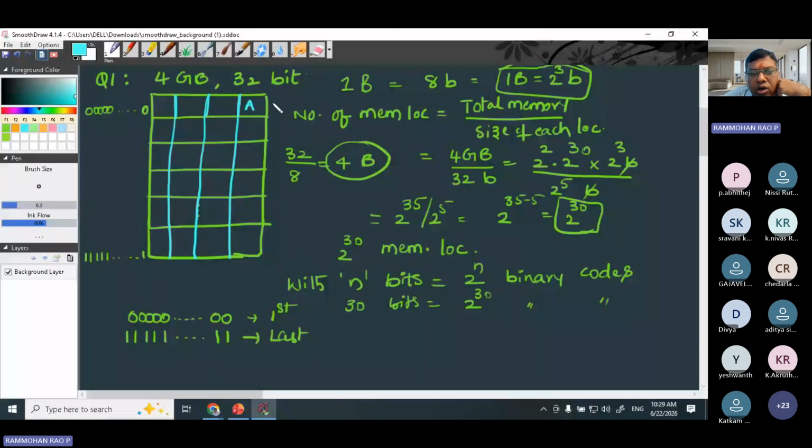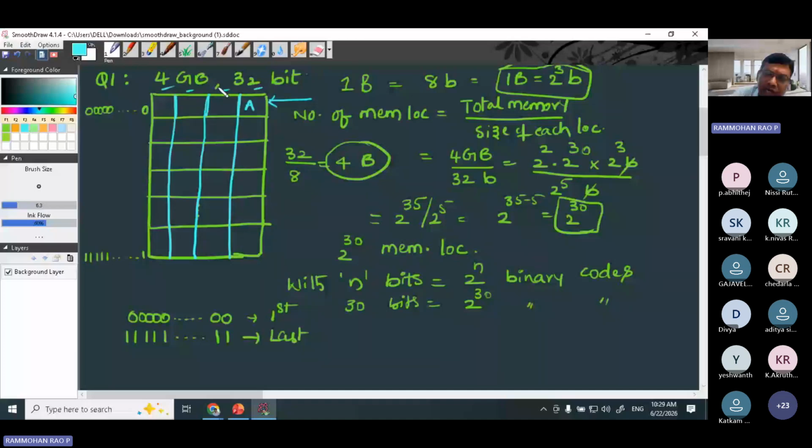In each row, how many partitions, how many cells do we have? We have 4 cells. We call them first byte, and we always go in this direction, right? So this is first byte, second byte, third byte, fourth byte. But for every byte also, you should give an address.